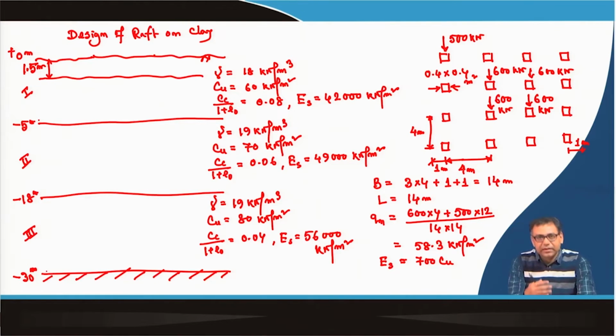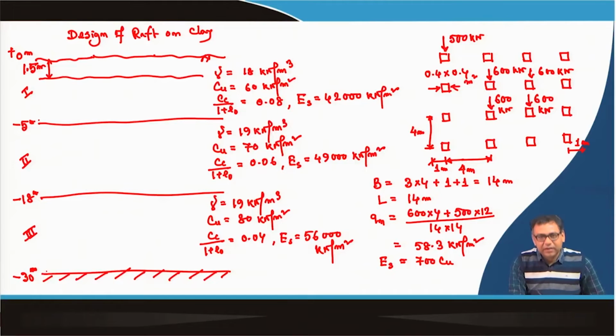So, these properties are basically lab properties, because Cc over 1 plus e0 is determined from the consolidation test, then Cu and unit weight. You can also use different correlations of the field test data and determine the Cu values, but most of these data are tested in the lab and then used.